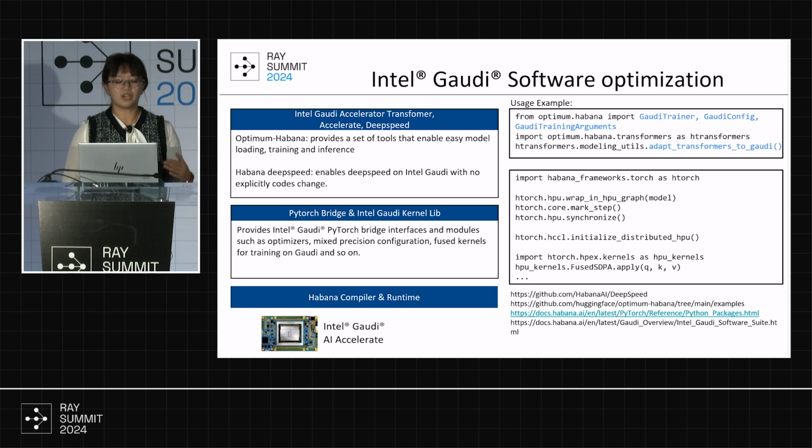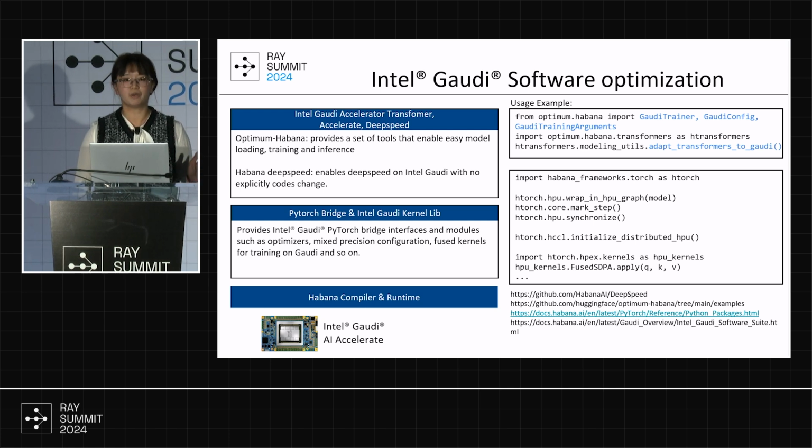Okay, so we talked a lot about the Optimum Habana and the torch bridge optimization, so I also want to wrap up here. When you invoke adapt transformers to Gaudi, as I mentioned before, this actually replaces some known layers from the model with Gaudi-optimized versions of the layers. And we are consistently updating Optimum Habana along with the Transformers release. As you know, last week the Llama 3.2 model was just released, along with the Transformers 4.45 release.